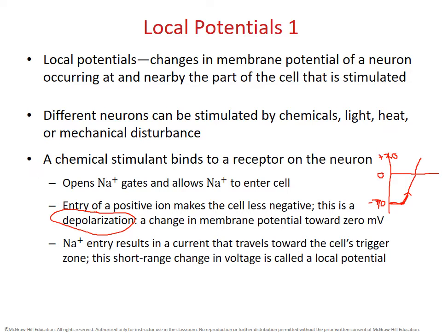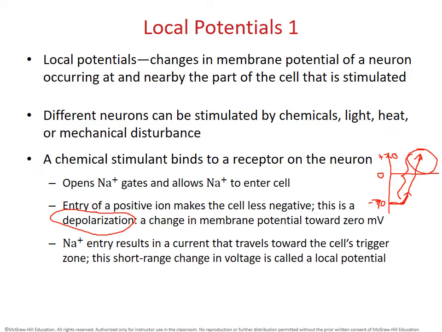Some people distinguish this and call it reverse polarization, but most intro books don't bother with that detail, and they simply call any upward movement, whether it is towards 0 or even goes past 0, a depolarization. We'll follow that convention, even though we recognize that it's technically incorrect. We're always going to call upward deflections depolarizations, even though this upper part technically is a reverse polarization, not a depolarization. But at any rate, as long as we understand why we're calling it depolarization.